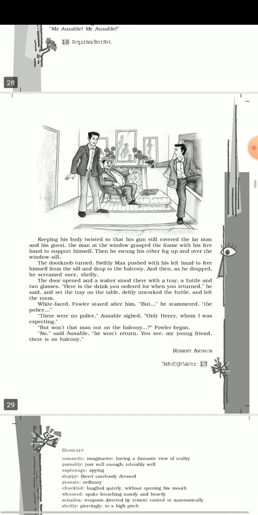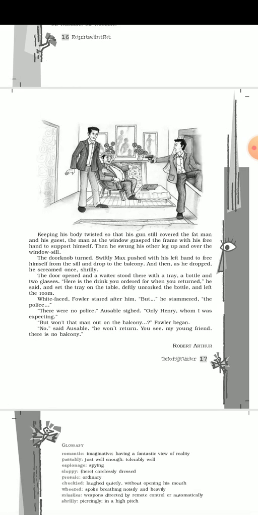So white-faced Fowler stared after him, but he stammered, which means he spoke by muttering, not in a clear manner, right? "The police," Fowler asked Ozable, where is the police you had called for the protection of that report. Ozable sighed, which means said in a low voice.